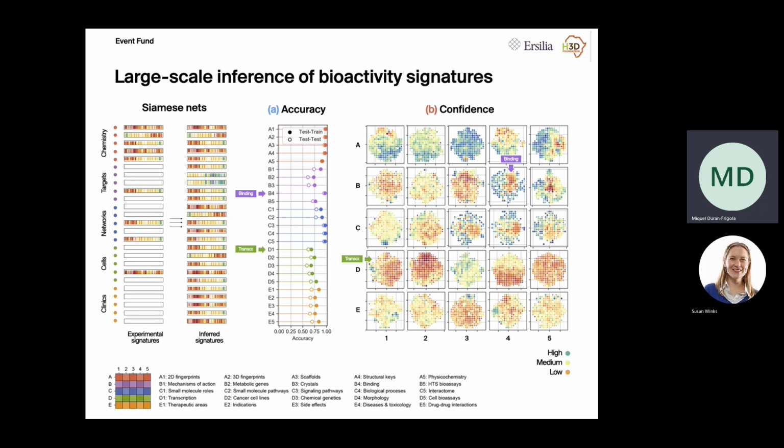When we look at it in more detail, we were even able to identify regions of the chemical space for which we had more confidence, that would be the Mare Nostrum in blue, and regions of the chemical space for which we were less confident, that would be the outer part of the world, the regions for which we have less data. So that's quite a nice framework because we can have, in principle, all of this information for any molecule we can think of.